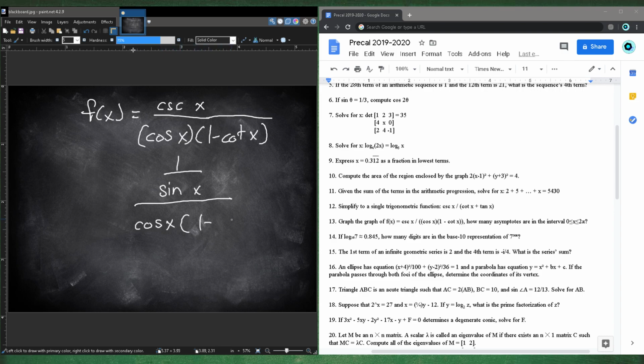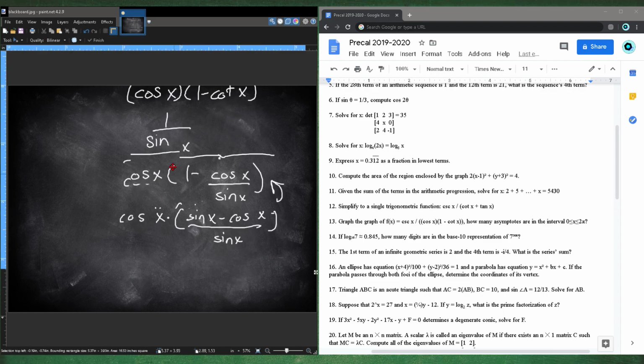This is 1 minus cosine of x divided by sine of x, right? So this is also, you can simplify cosine of x times sine of x minus cosine of x divided by sine of x, right? Which is just, these two are the same.